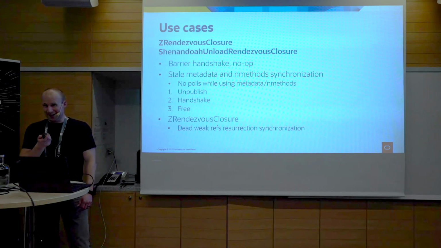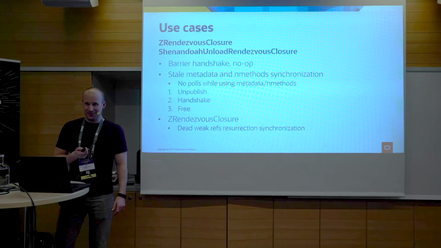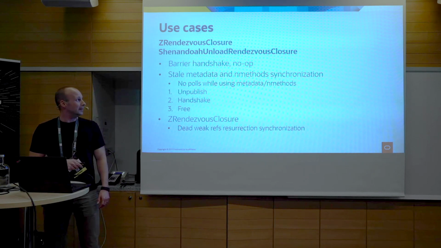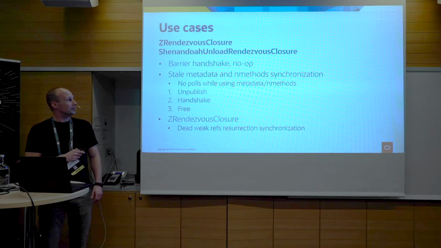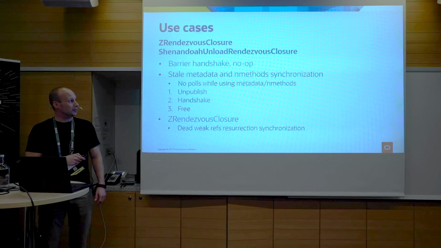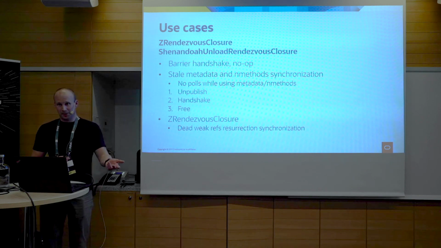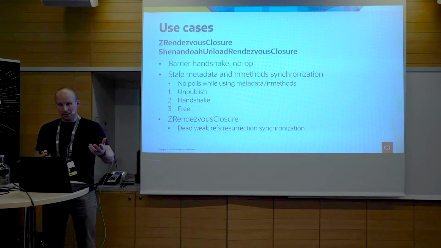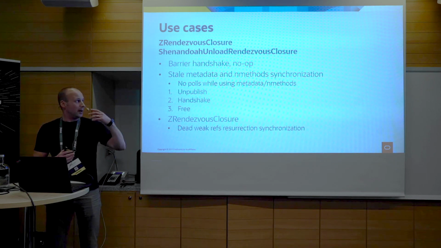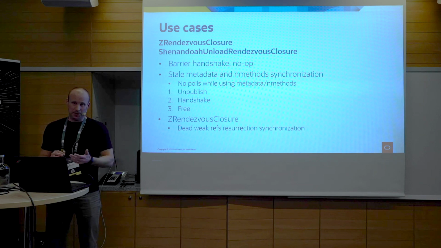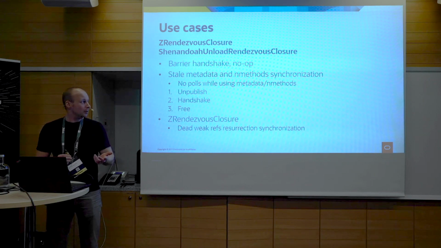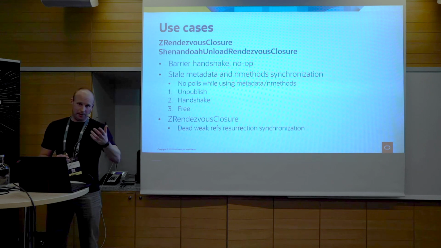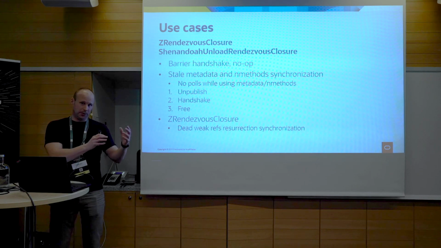And you have most of the ZGC team here, so you can ask them more about this. But in this case, if we take the nmethods, you ask the code cache for an nmethod. An nmethod is a compiled method. And while you're handling that nmethod, we don't do any safepoint polls. So it can happen that you find an nmethod which is already dead or dying.